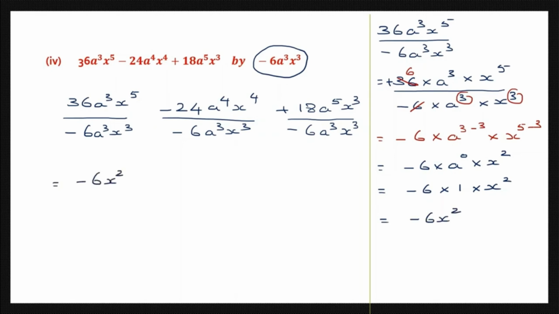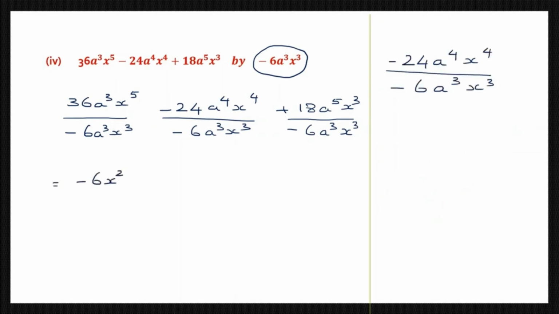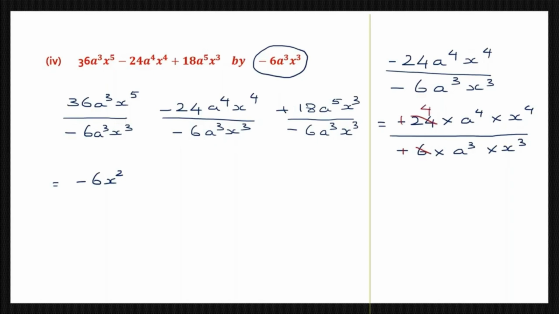Now let's take the second term. So we have the second term here. Let's start. Minus 24 into a to the power of 4 into x to the power of 4 by minus 6 into a to the power of 3 into x to the power of 3. So let's cancel. Now minus into minus becomes plus. 6 into 4 is 24.